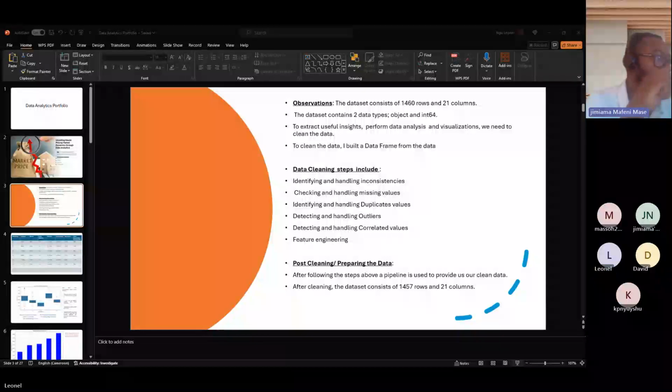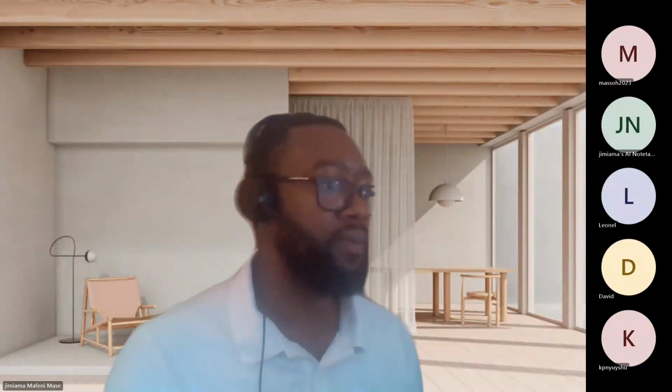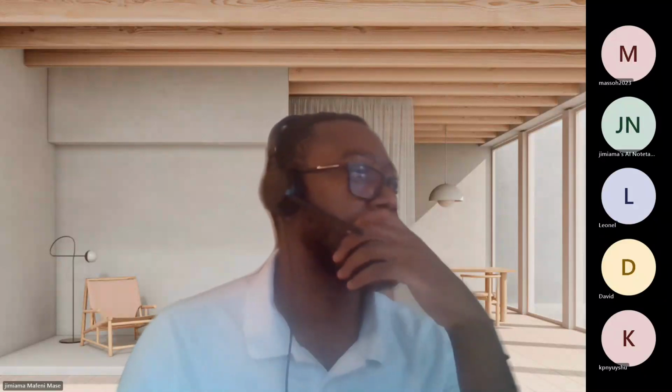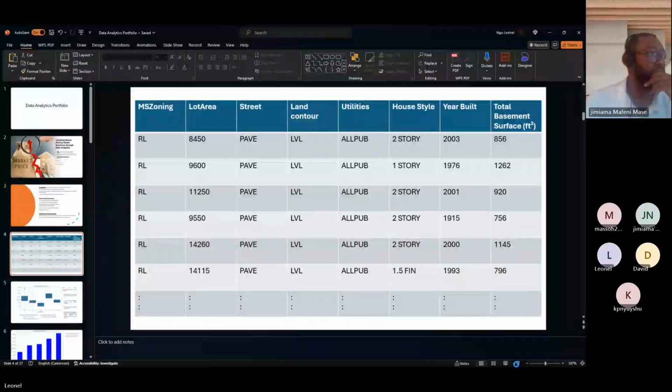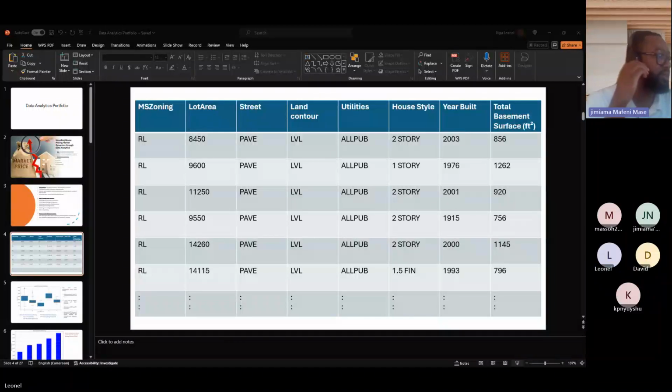You can stop sharing and reshare again. It happens sometimes. Okay, perfect. Is it visible now? Yes, it's visible. So we can see a snapshot of your data.